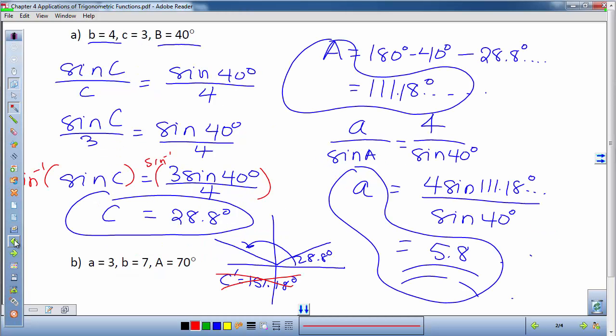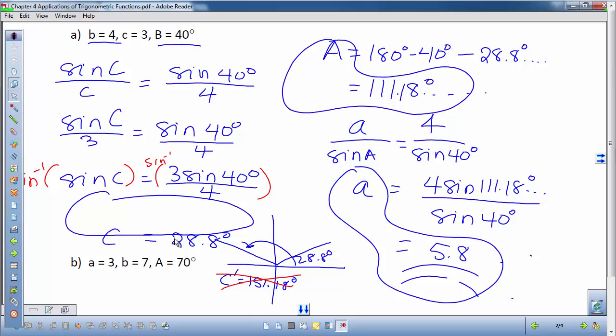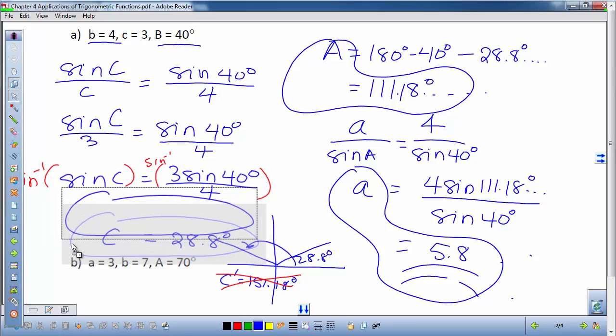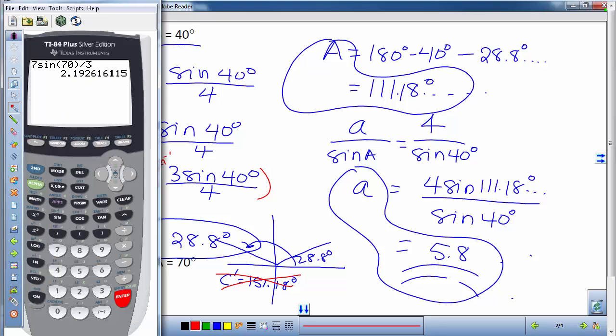Let me go back here. On this one, I could have said sine C is equal to, and then on the calculator we could have done 3 times sine of 40 degrees divided by 4.